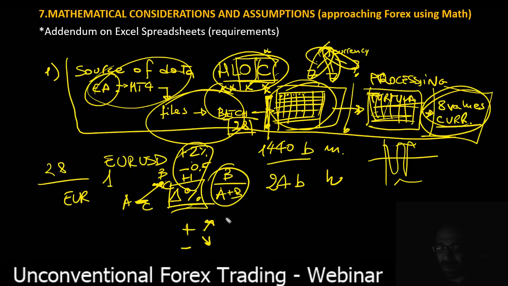Or if it's positive is strong and if it's negative is weak. Or if it's positive is overvalued, or if it's negative is undervalued. Depends on what you are analyzing and the complexity of the formula that you are applying according to your math knowledge.